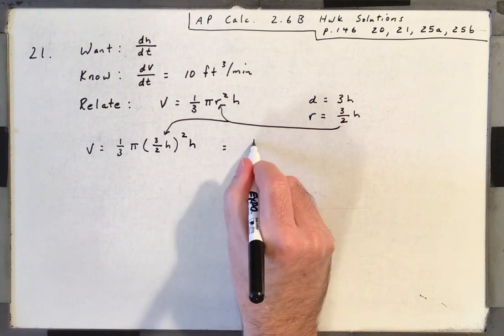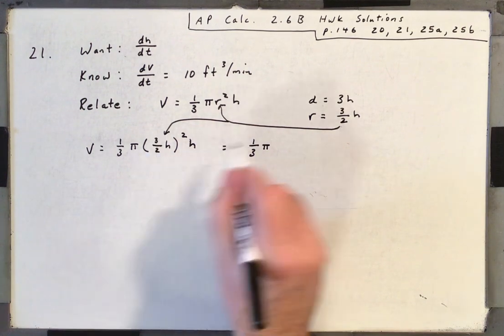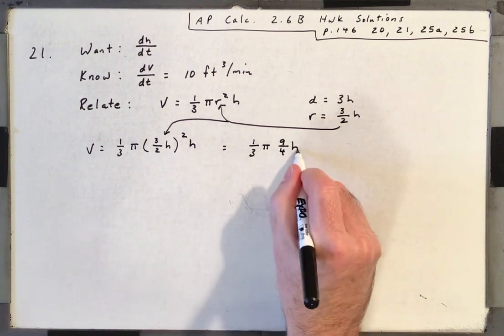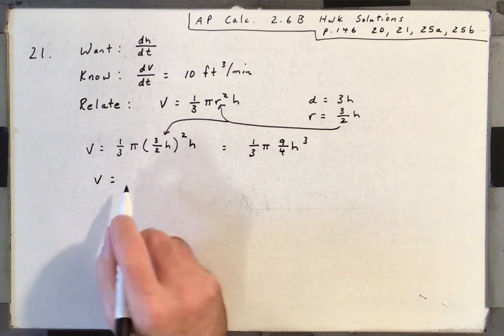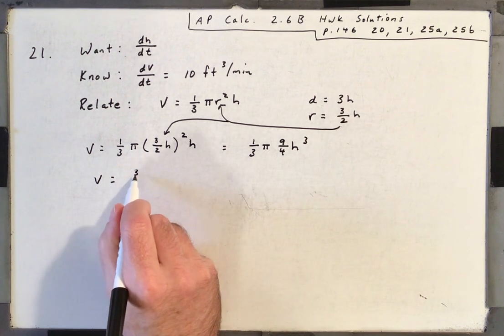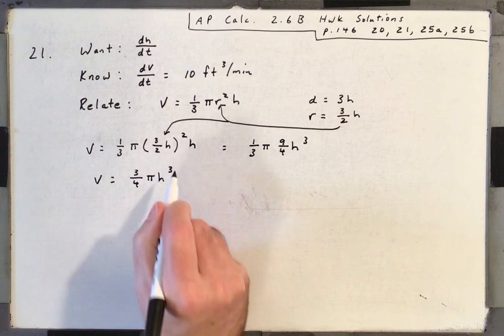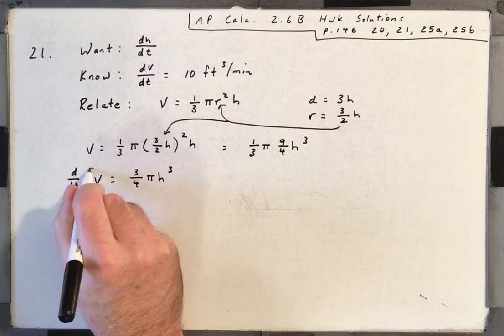So that's going to be 1/3 pi, 3/2 squared would be 9/4, and then we have h squared times h cubed. So let's clean that up one more time. 9/12 would be 3/4 pi h cubed. So now I can take the derivative of that finally.